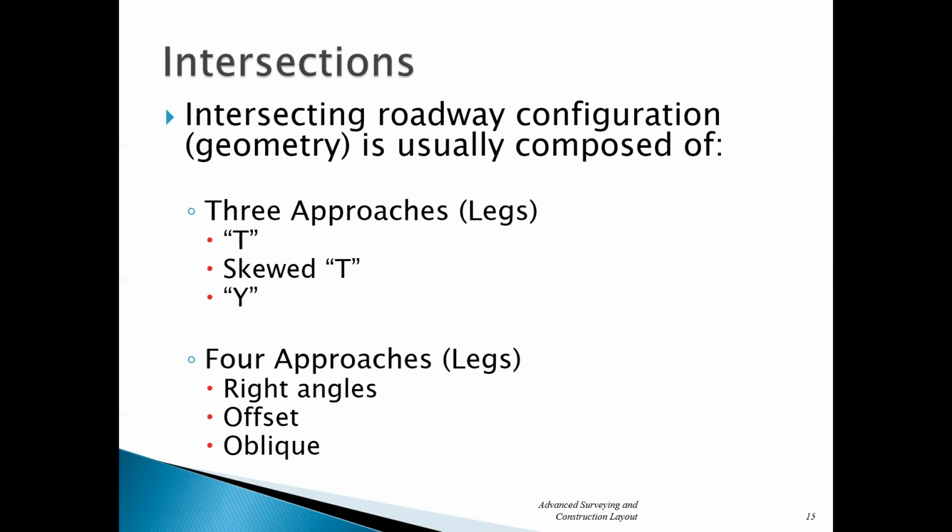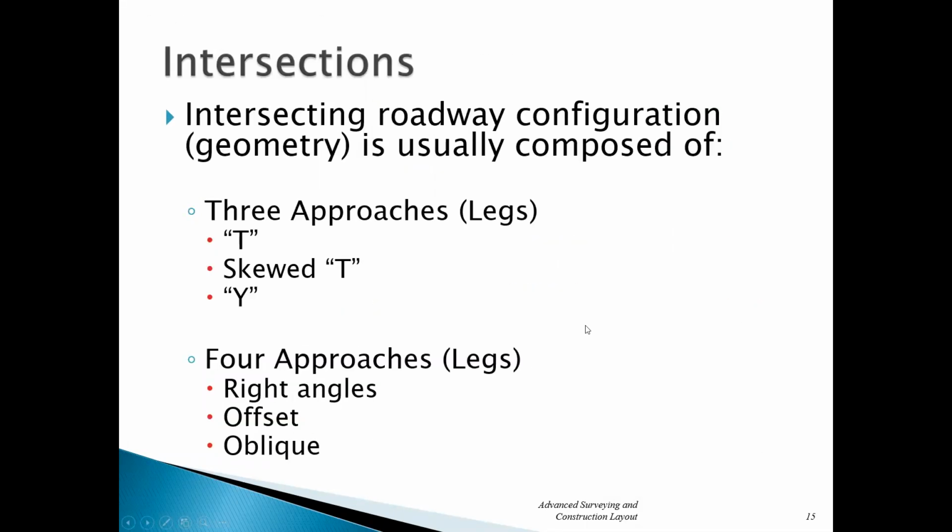If you have three approaches or three legs, it might be called a T, a skewed T, or a Y. A T type would be primarily a 90-degree intersection. A skewed T would have an angle greater than 90 on one side and less than 90 on the other. And a Y, of course, coming in just like a Y. Then you have four approaches or four legs: right angles, offsets, or oblique.